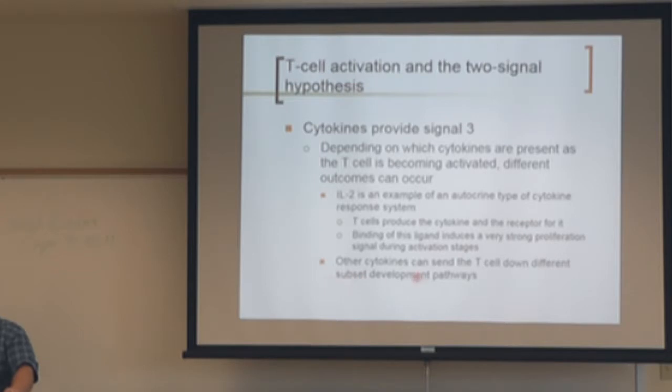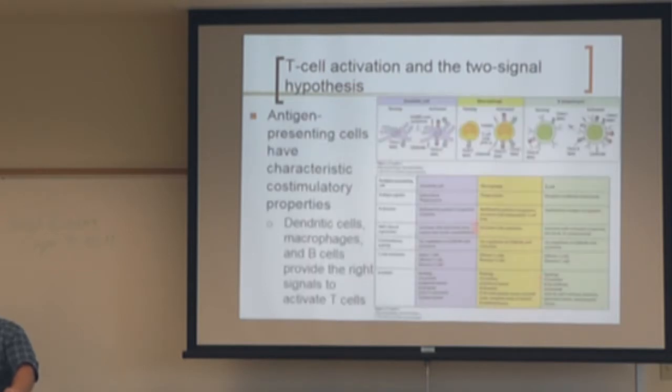Other cytokines can send the T cell down different subset pathways. How does that happen? We have antigen presenting cells that have different co-stimulatory properties. Here's an example of our three major subsets of antigen presenting cells: dendritic cells, macrophages, and B lymphocytes.